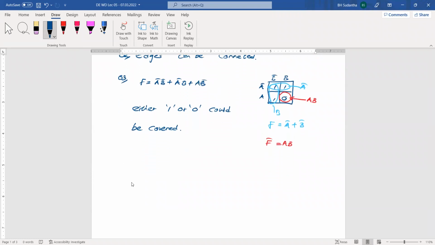Okay. Then fourth one, the X, don't care state, can be considered either 1 or 0.